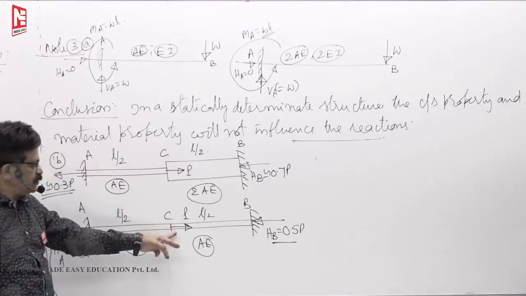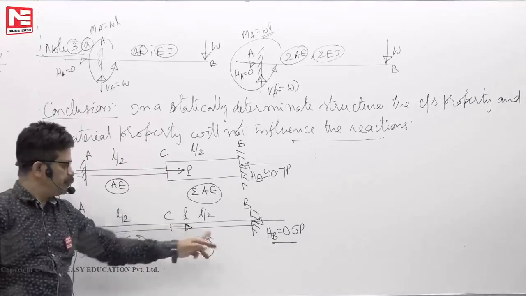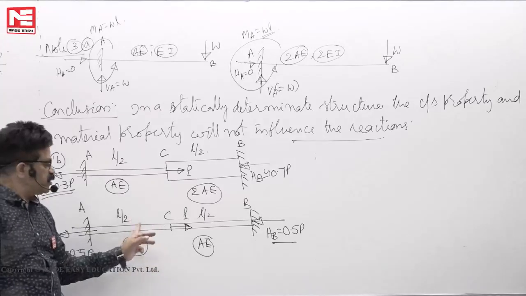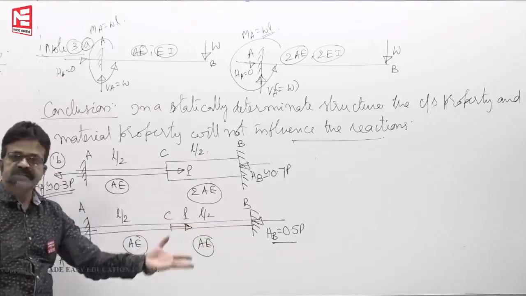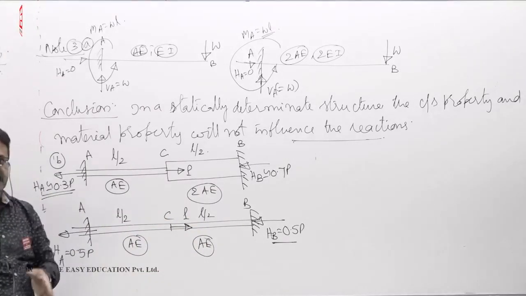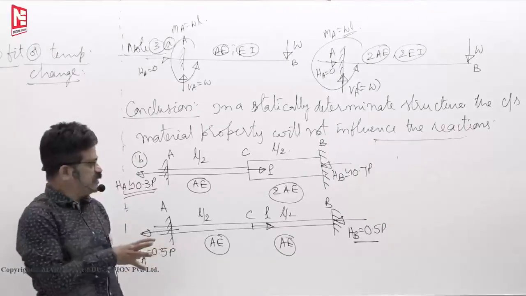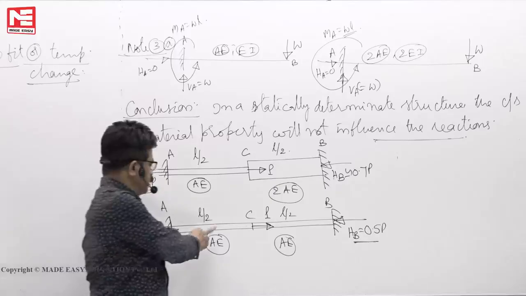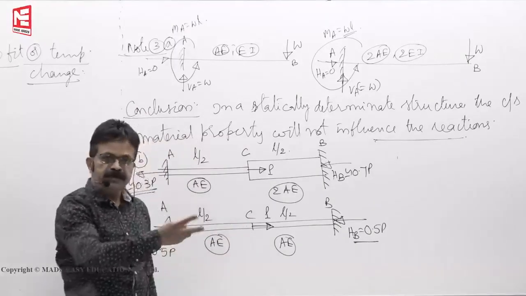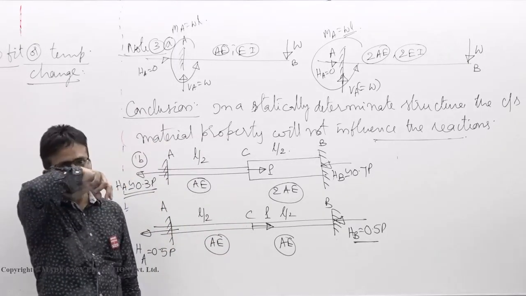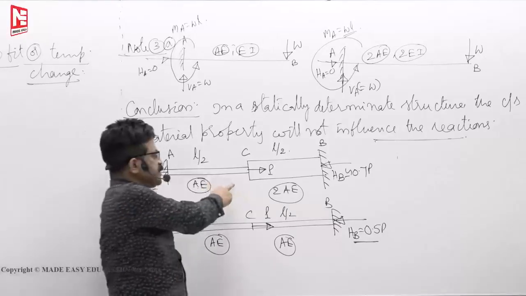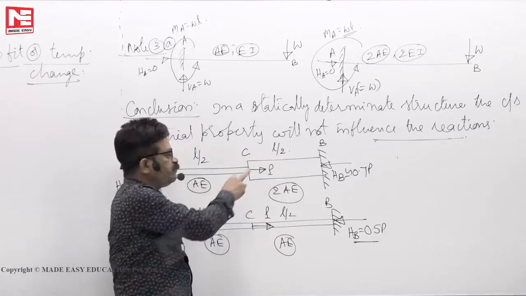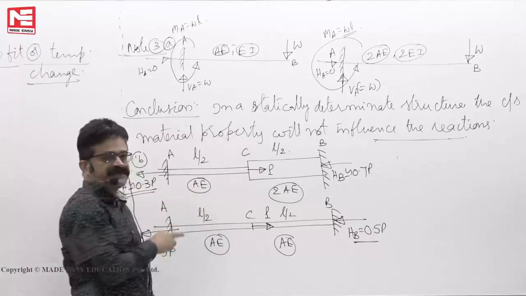Now this P is shared by these two members equally because their axial rigidity is the same. Here your P will be shared 0.5, 0.5 because both members are equally strong. In this case this is 2AE, this is AE, one member is strong, one is weak.